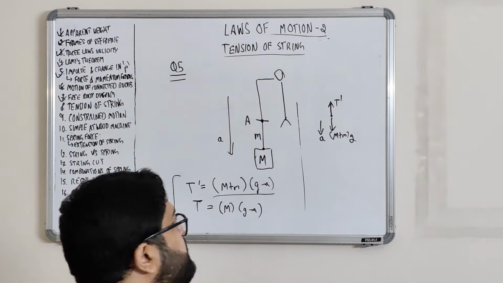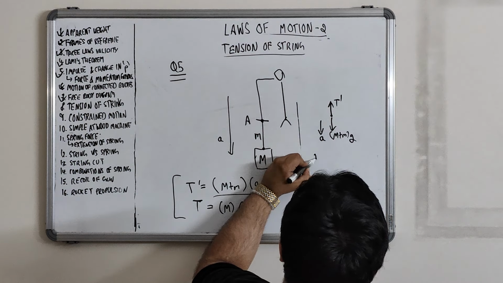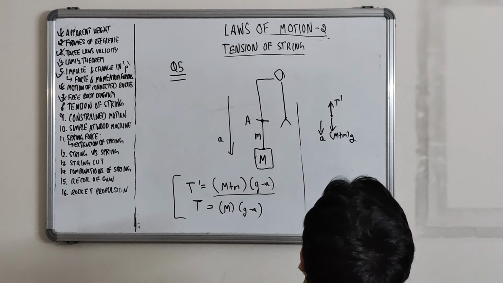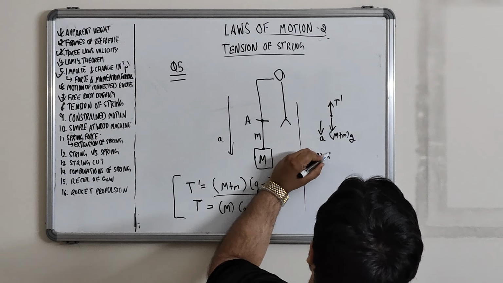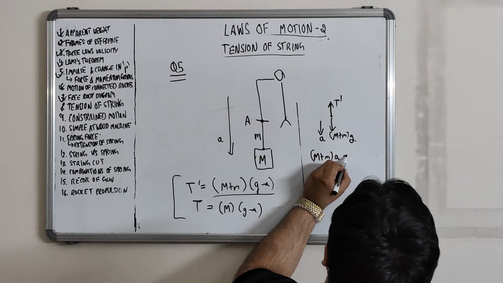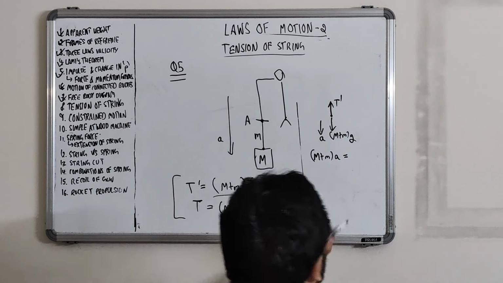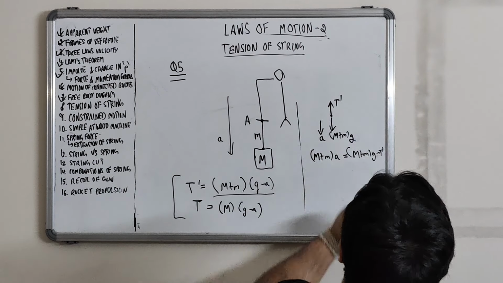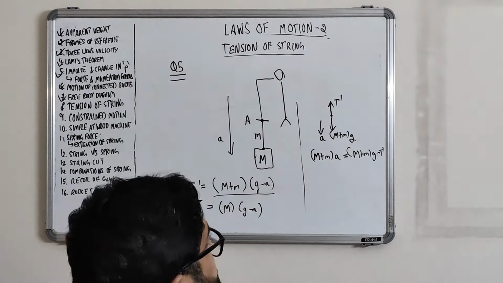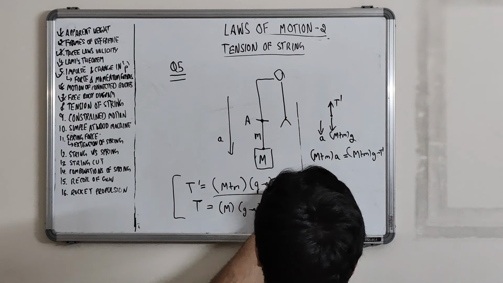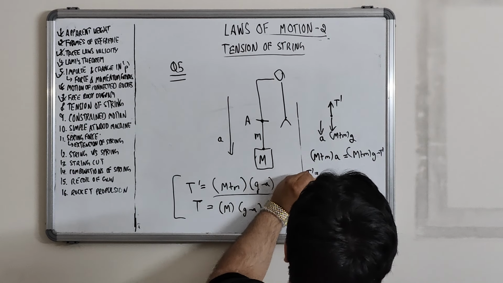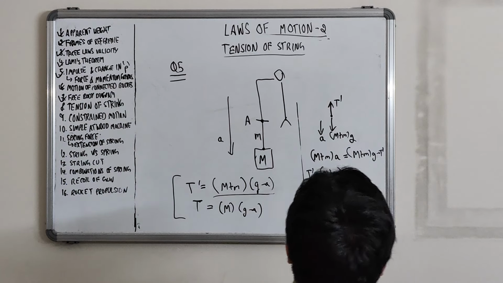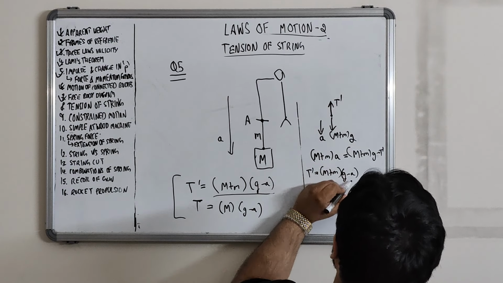Acceleration is downwards, so net force is M plus M into A. This is equal to M plus M into G minus T dash, because T dash is upwards. So T dash comes out to be M plus M into G minus A.